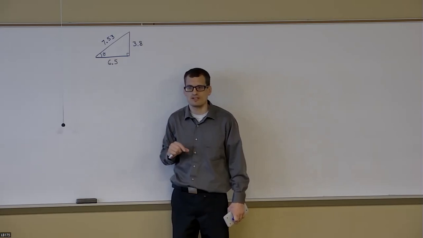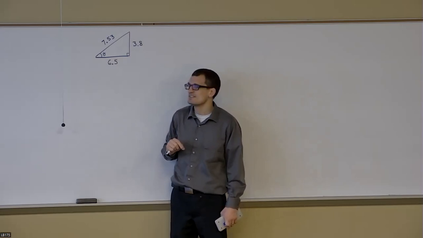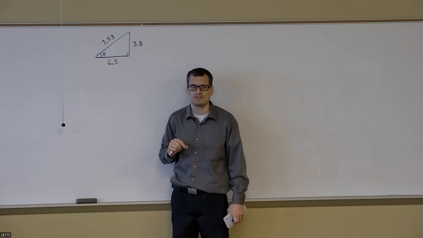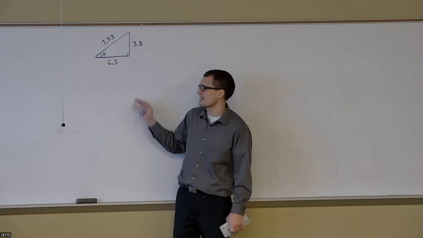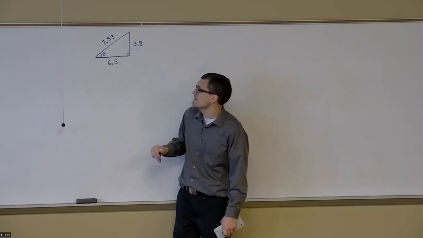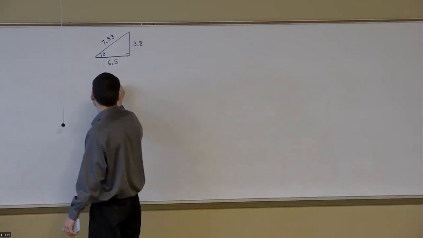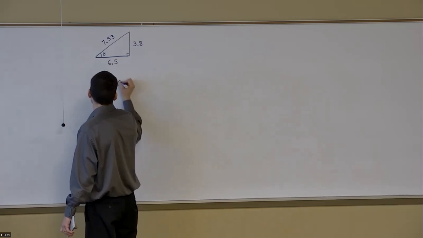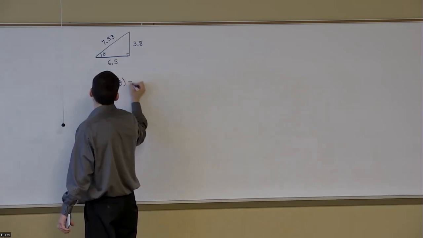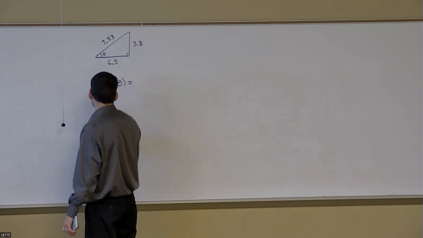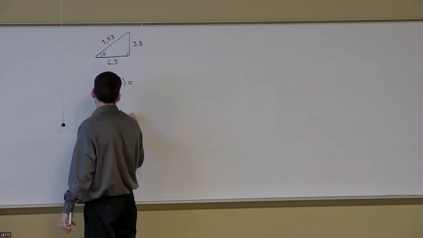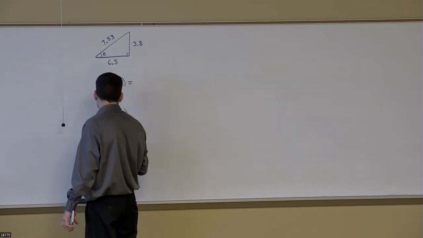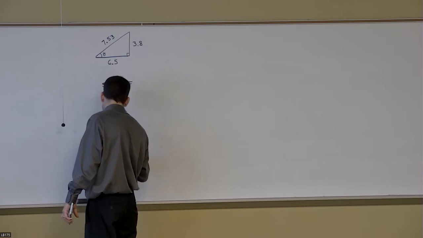Don't use the ruler to try to figure out some of these lengths. We're gonna find out the lengths later. So anyways, when I draw a triangle, it's not always to scale. So let's calculate the sine of theta, the cosine of theta, and the tangent of theta.